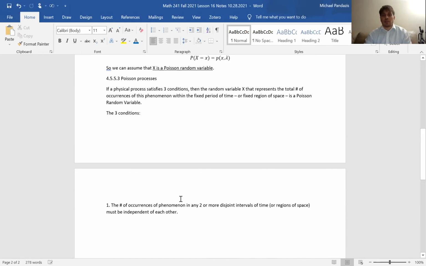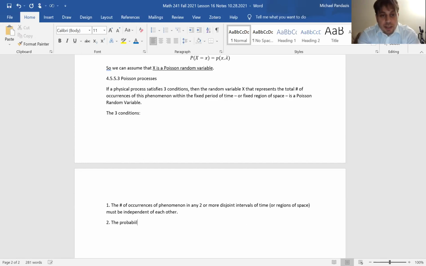Okay, so the number of occurrences does not depend on each other. So regardless of what happens in one region of space or in one interval of time, it has no bearing on what happens in the other region of space or other interval of time. That's the first condition.